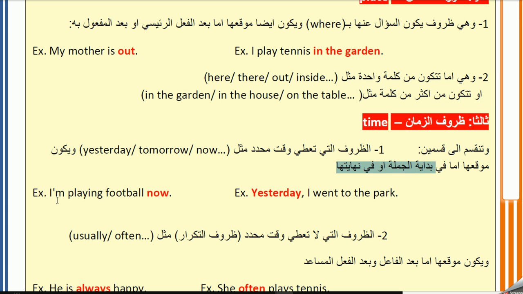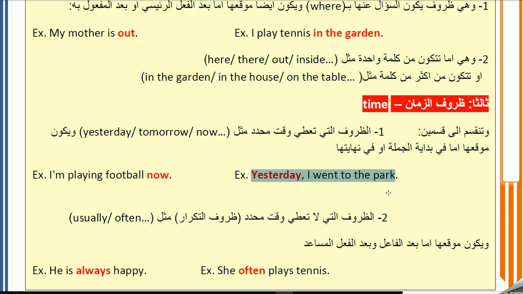For example, I am playing football now. The word now, adverb of time, comes at the end of the sentence. For another example, yesterday, adverb of time, comes at the beginning of the sentence. Yesterday, I went to the park.